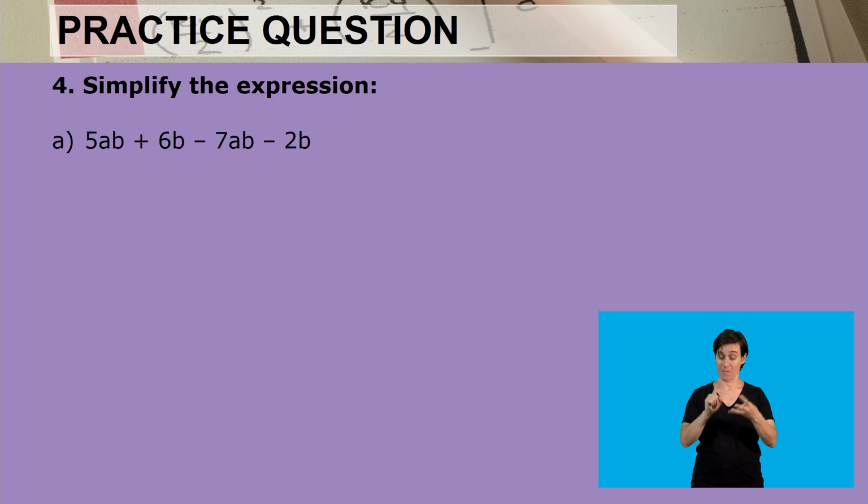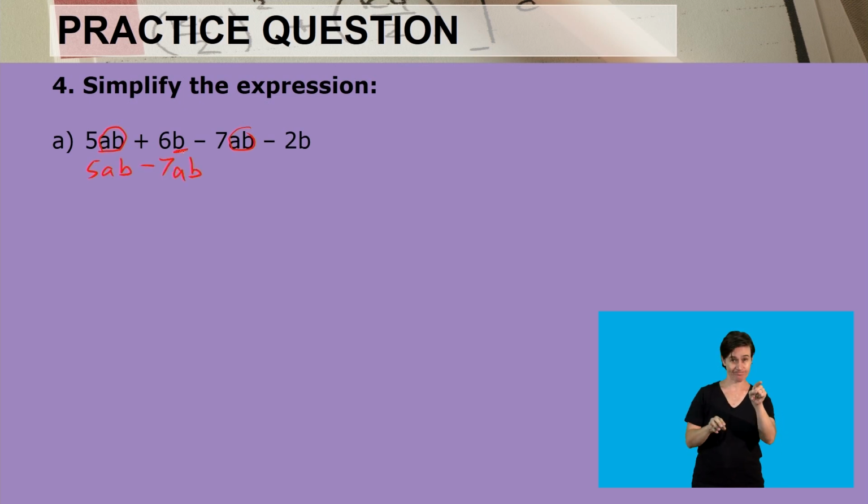Now, let's move on to our next question. It says simplify the expression, and the expression we are given is 5ab plus 6b minus 7ab minus 2b. What we look for there are like terms. There's ab there, there's ab there. So those are like terms, so we can group them together, which is 5ab minus 7ab.